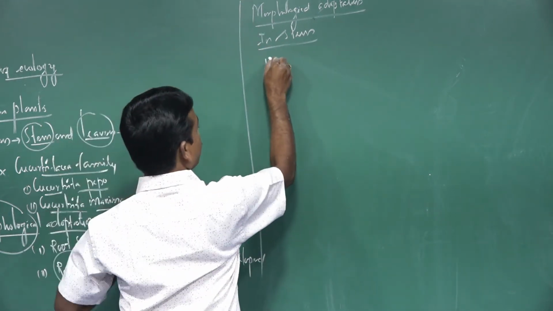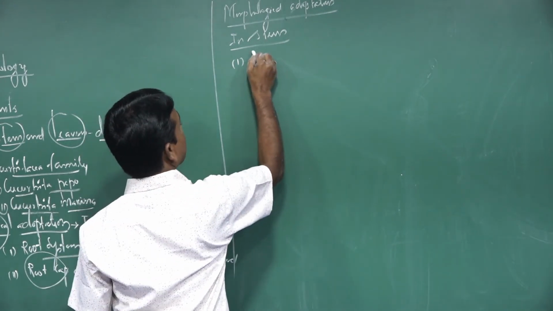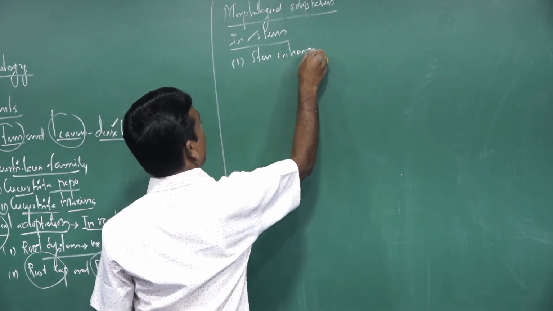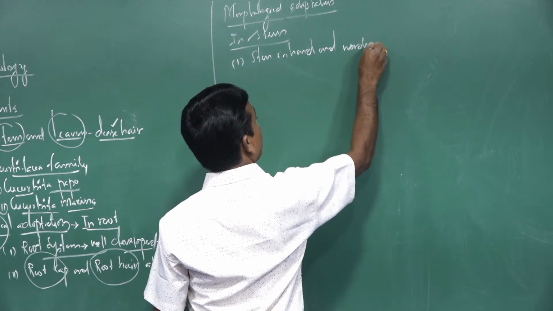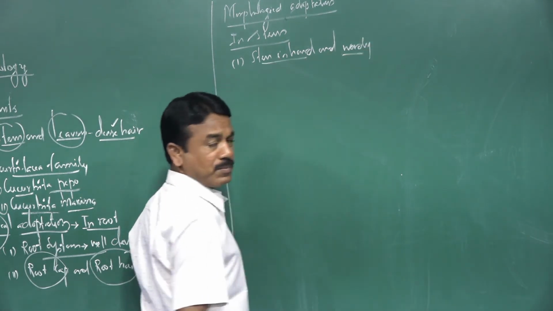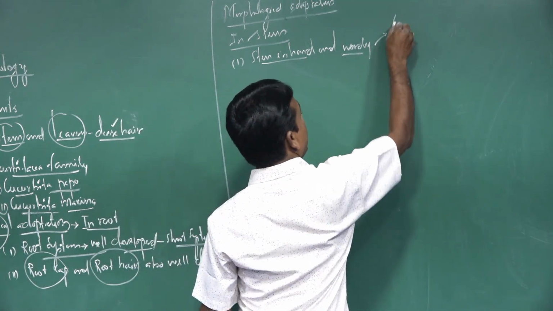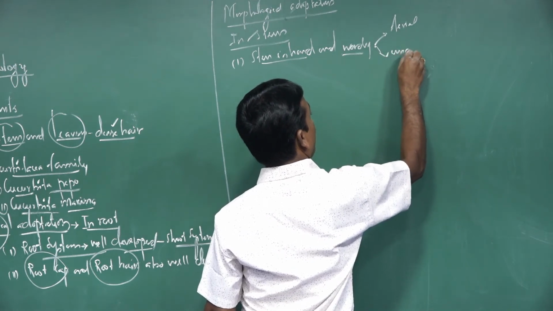First of all, in xerophytic plants the stem is hard and woody. The stem is hard and woody. It may be aerial or underground.